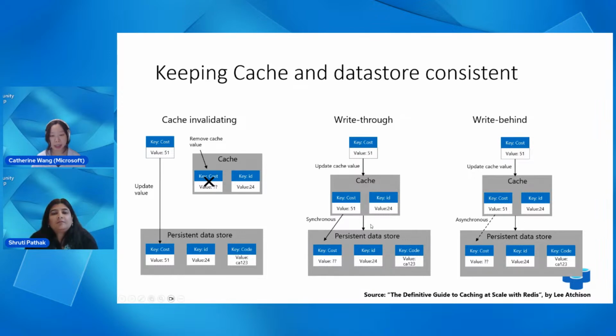Then it writes to the data store synchronously at the same time, to make sure every time a record in cache gets updated, the backend data store also gets updated. Meanwhile, other clients can read from the cache. To scale this even further, we can make the write from the cache to the persistent data store async.